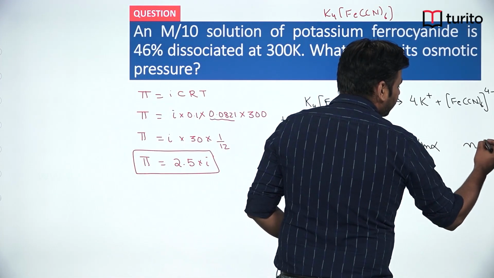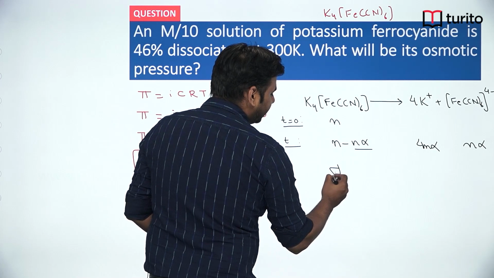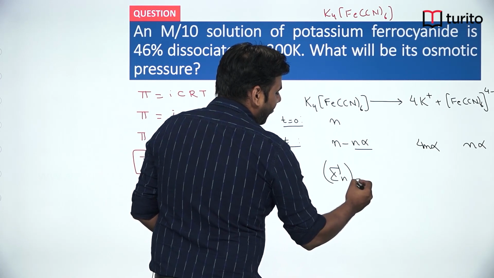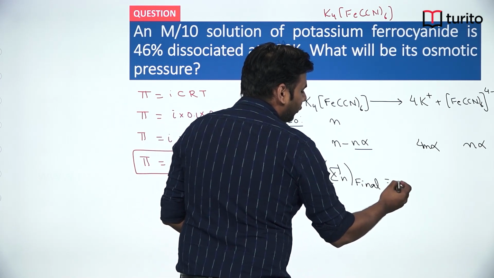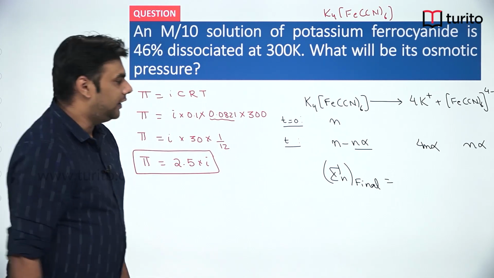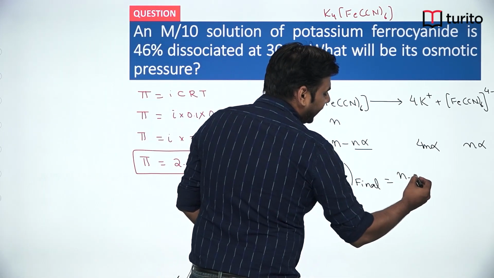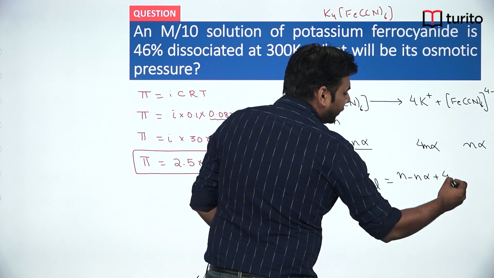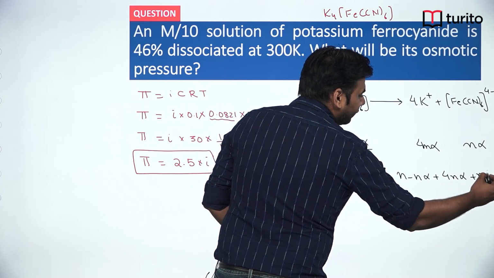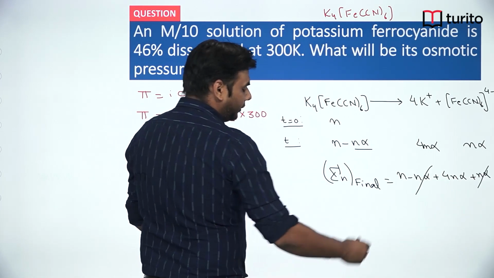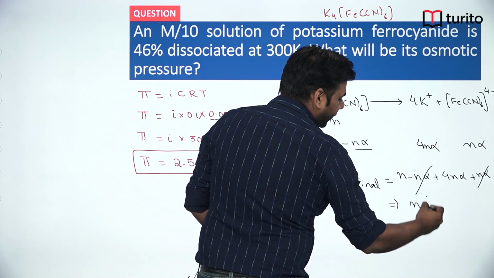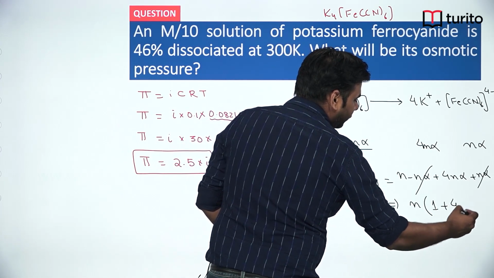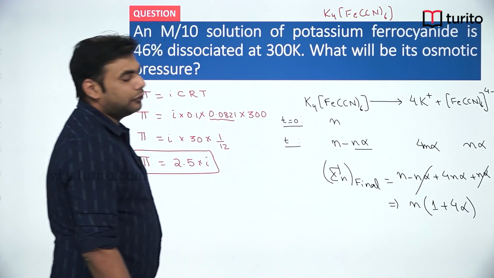So the total number of moles of particles finally would be n minus n alpha plus 4n alpha plus n alpha. This n alpha gets cancelled out, so taking n as common, we get n into (1 plus 4 alpha).